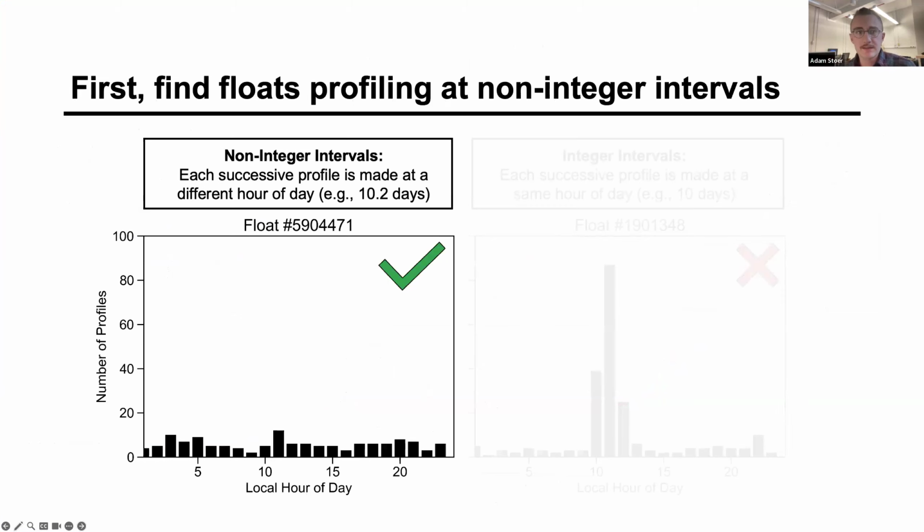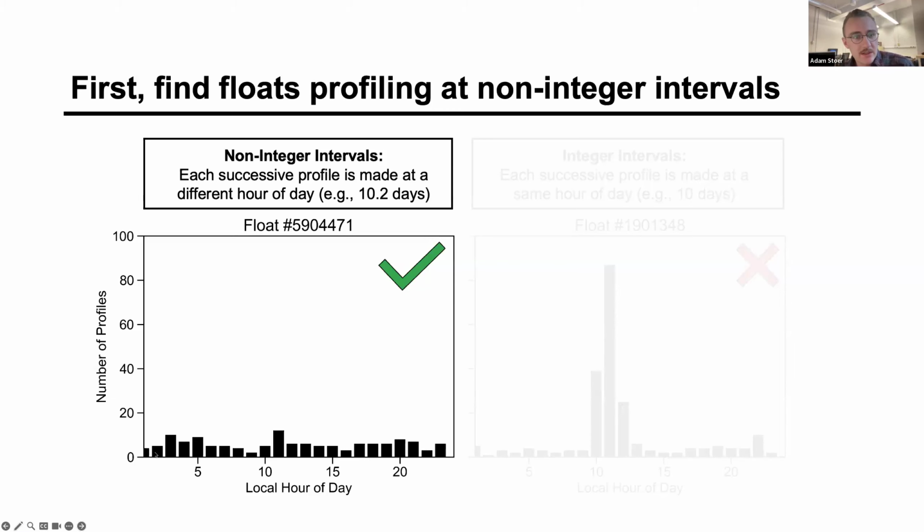What that means is that each successive profile the float takes is taken at a different hour of the day. If a float's profiling at 10.2 days, that non-integer interval, the first profile might be taken at 3 p.m. and the next one 10 days later is taken at 6 p.m., and then 9 p.m. after 10 days, and so on, so that throughout the float's lifetime, you have measurements all throughout the day.